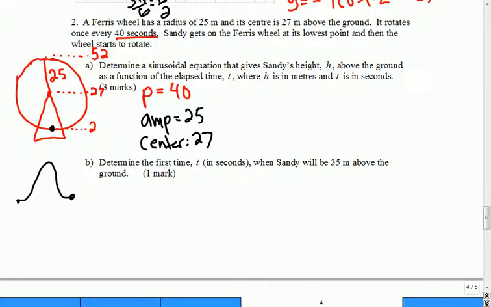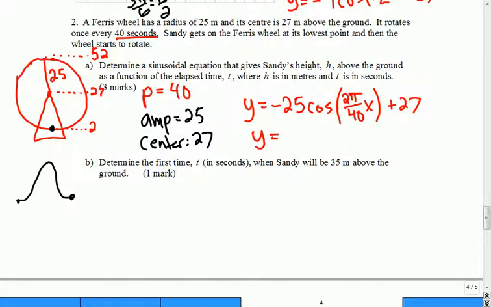So this is a negative cosine, and I won't have to do a phase shift if I use negative cosine. So y equals negative 25 cosine 2 pi over 40 x plus 27. And of course, the best answer we could include, we might as well simplify that down to pi over 20 plus 27.